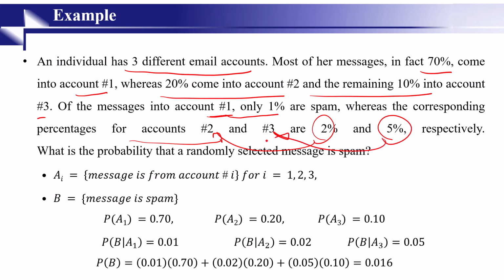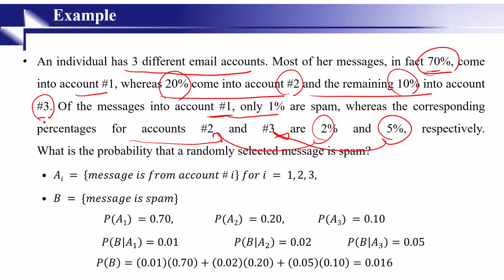It means this guy has three accounts, account 1, 2, 3. The first account always gets almost 70% of emails, 20% goes to account 2 and 10% go to account 3. Out of the emails that he receives, 1% in account 1 is spam, 2% in account 2, and 5% in account 3, spam, unwanted emails.